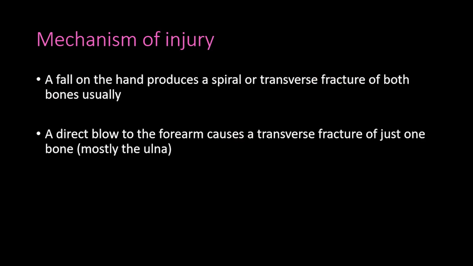Now let's talk about the mechanism of injury. So the mechanism of injury in forearm bone fractures mostly is a fall on the hand that produces a spiral or a transverse fracture of both bones usually. And sometimes an injury to the forearm bones can occur from a direct blow to the forearm that causes a transverse fracture of just one bone, and that's mostly the ulna.